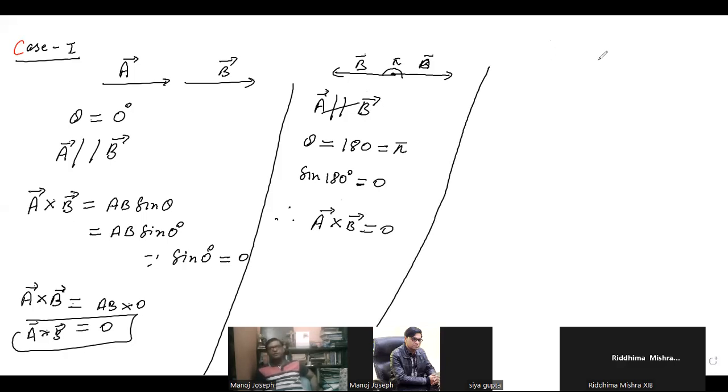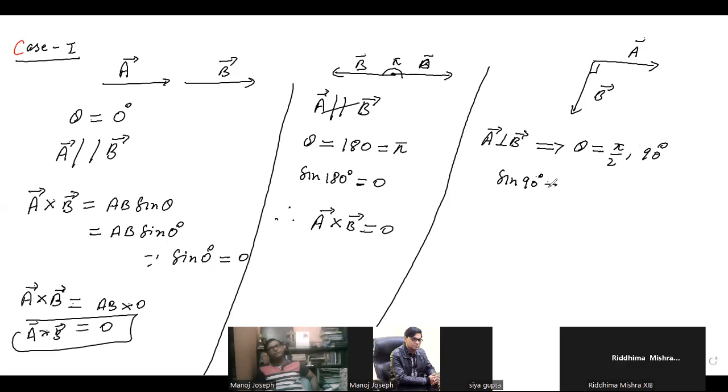Now the third case, when vector A and vector B are mutually perpendicular, it means theta is equal to pi by 2 radians, or 90 degrees. The value of sine 90 degrees is maximum, and the maximum value of sine is 1, and the minimum value is -1.